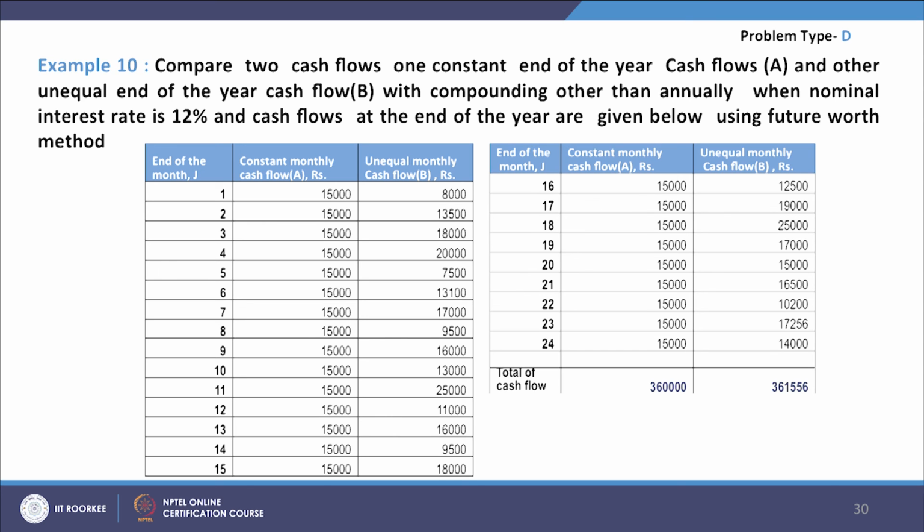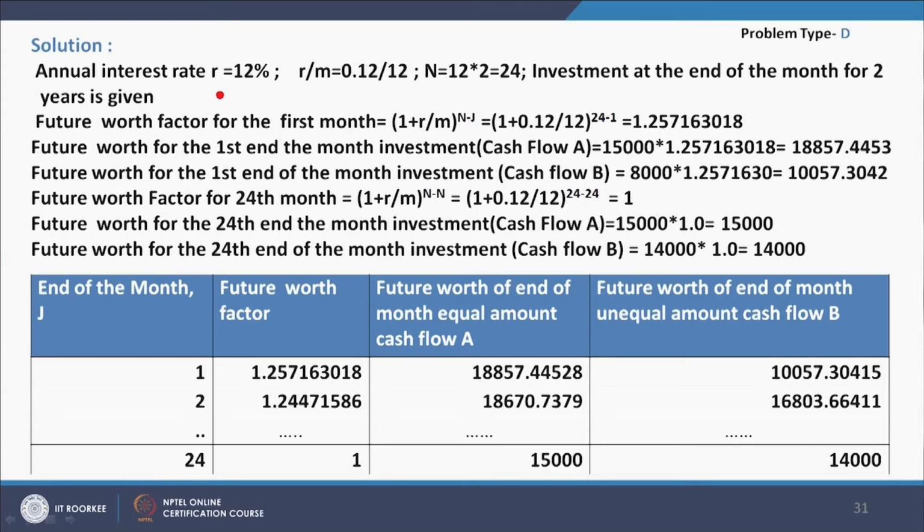Now, if we calculate it, the annual rate of interest R is 12%, R by M is 0.12 divided by 12, and N is 12 into 2, that is 24. Investment at the end of the month for 2 years is given.